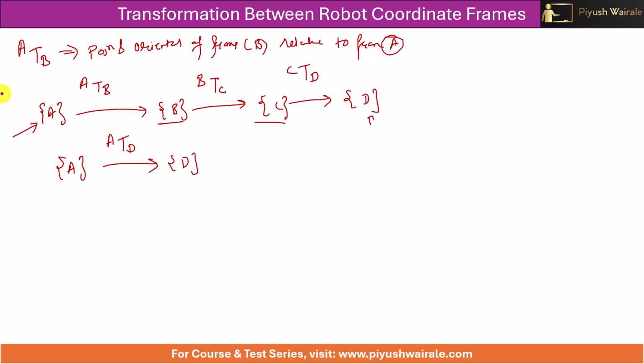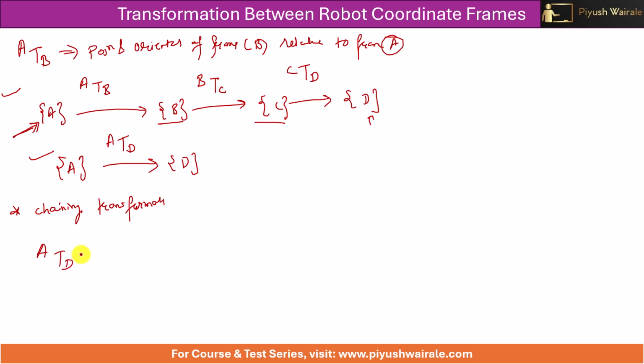So what's the relation between this and this? We have something called chaining of transformations. This is my initial frame, and this is my final frame D. So we can represent it like this, A T D, but in between we have a series of transformations.